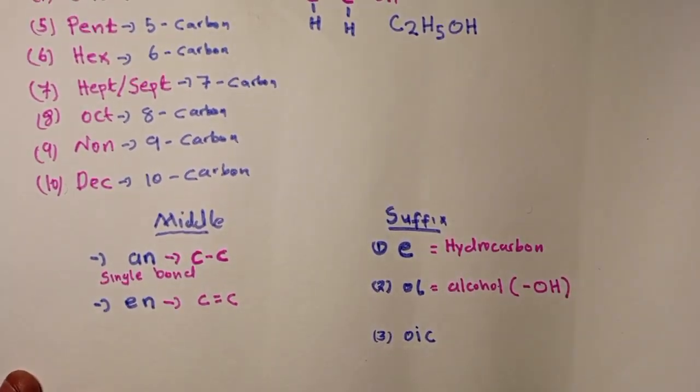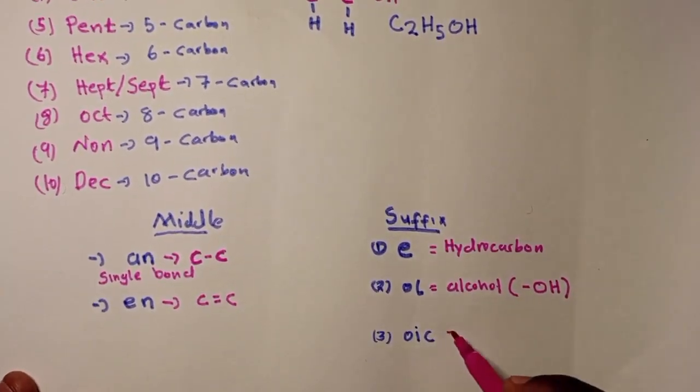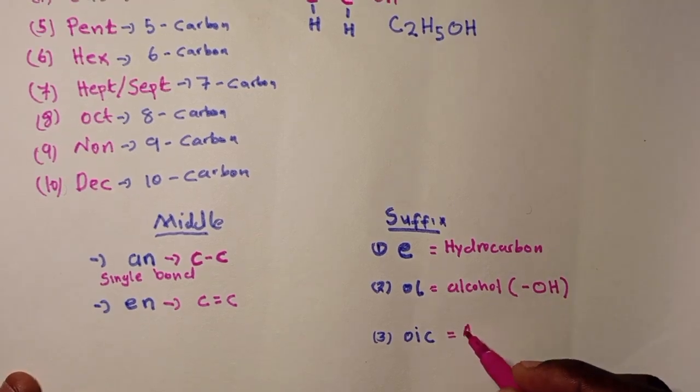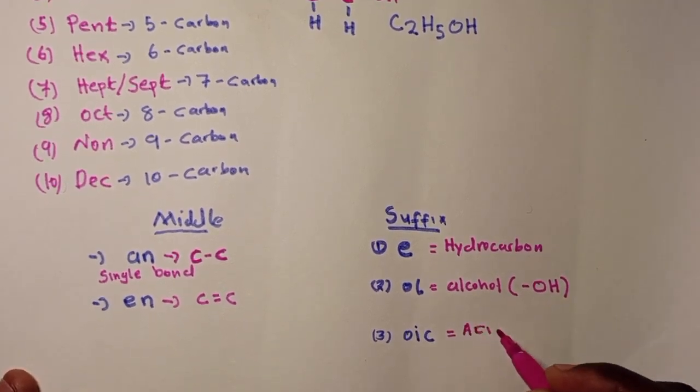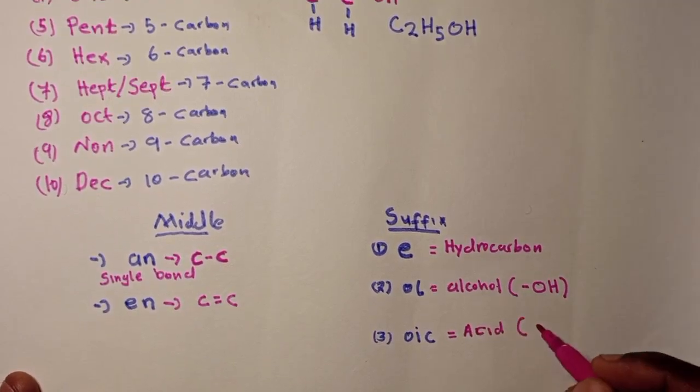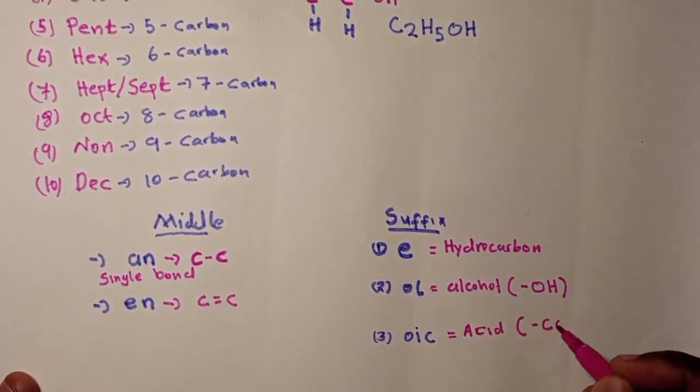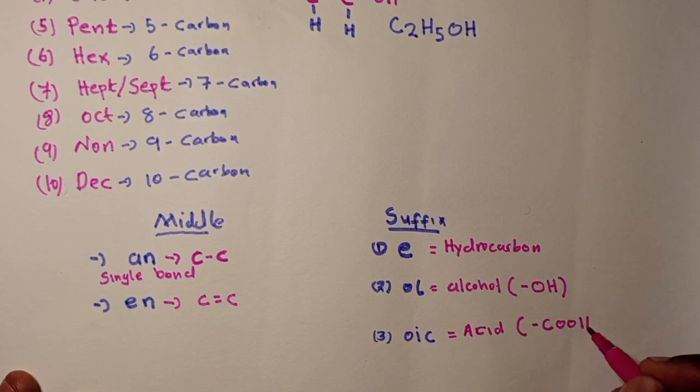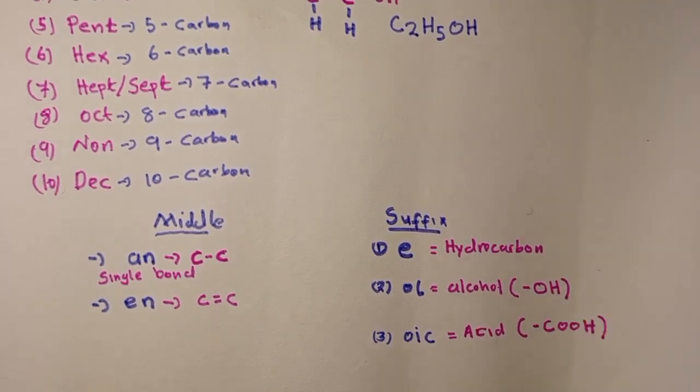Then the oic tells you that it is an acid. What we call carboxylic acid, and this means that it has got this functional group at the end. So ladies and gentlemen, all those that are watching this video, this is what you need to know under organic chemistry language. It doesn't go beyond this. Other things we will see as we move forward.